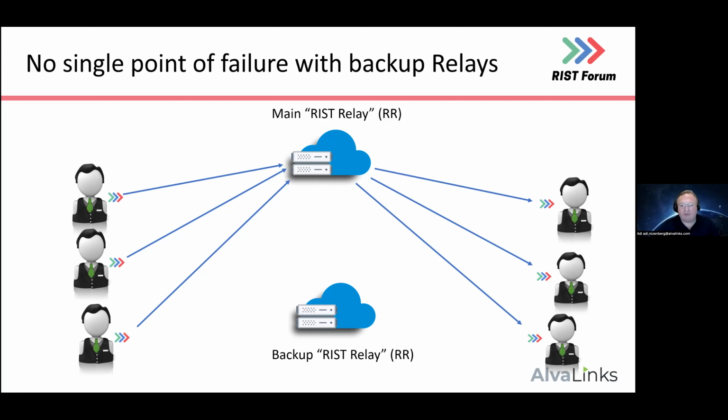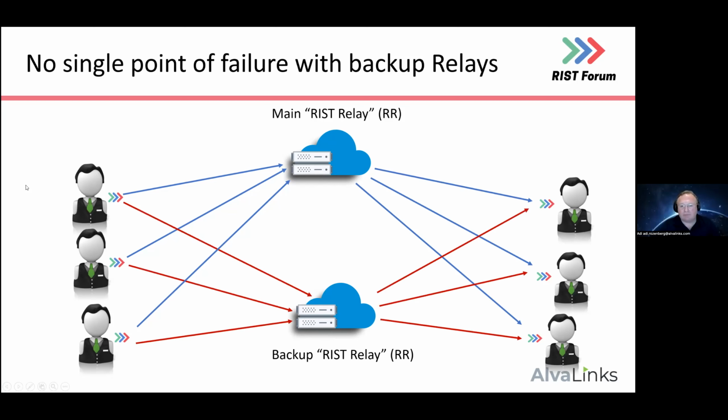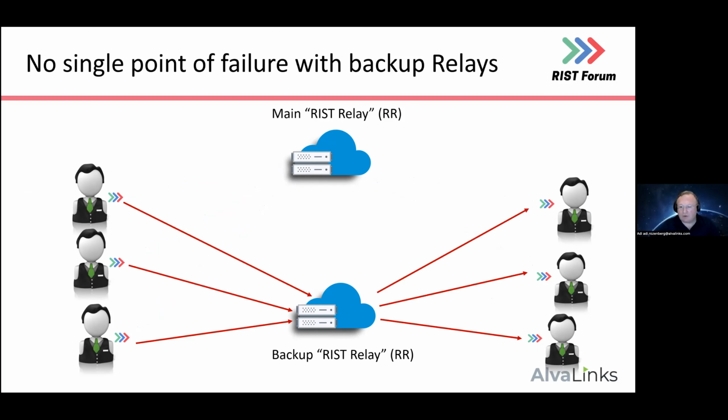And then if the RIST relay dies, the clients can connect to a backup server and continue the communication. A RIST relay also has the capability to say, you know what, I'm too busy, I'm overstretched. If you want to connect to your peer, go to that backup server to do the connection if it's available. So it gives you an alternative to continue your business if needed.